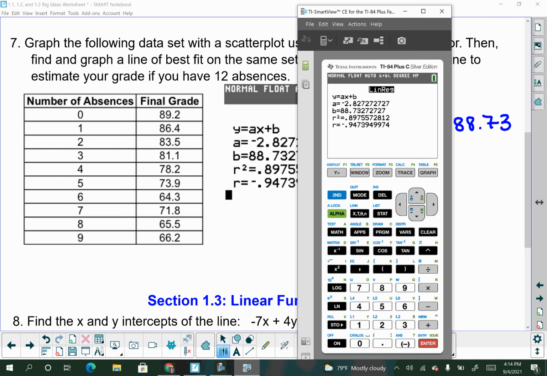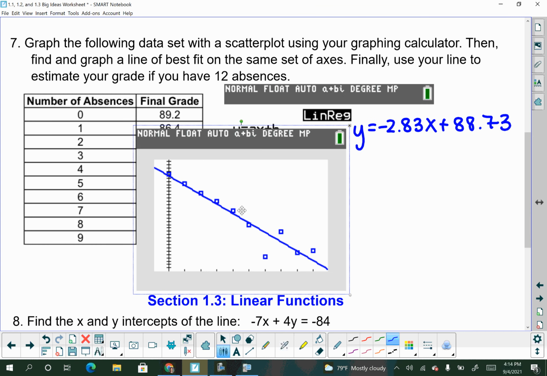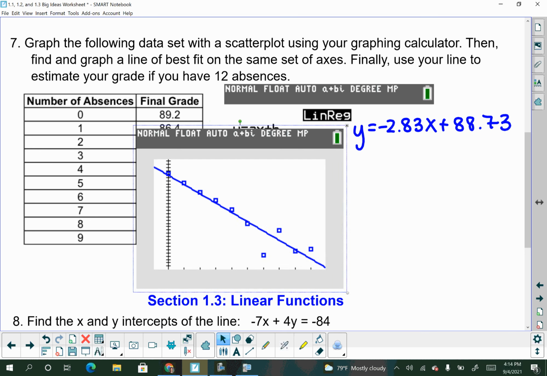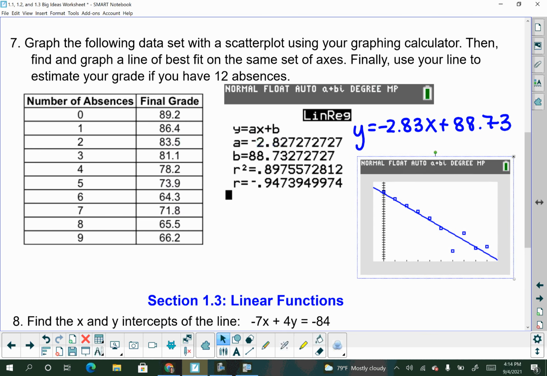Now, in your calculator, if you go back to y equals, you will see your calculator has put all of those numbers in for you. You don't have to type them in, which is amazing. And if you hit graph, you will see a picture of the scatter plot with the line, the trending line, the line of best fit, the line of regression going right through your data values exactly as it should.